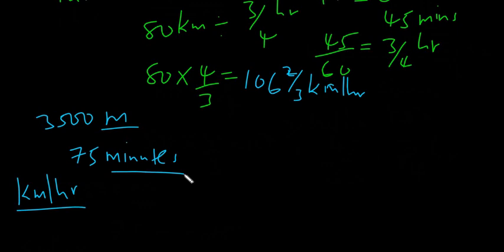There are many ways of approaching this question. We can decide to first convert the 3,500 meters into kilometers and the 75 minutes into hours, and then work out the question in kilometers and hours, or simply work out the speed in meters per second, and then later change it to kilometers per hour.